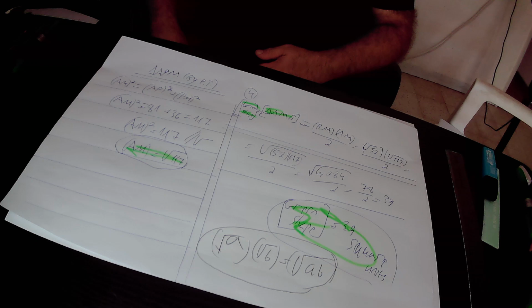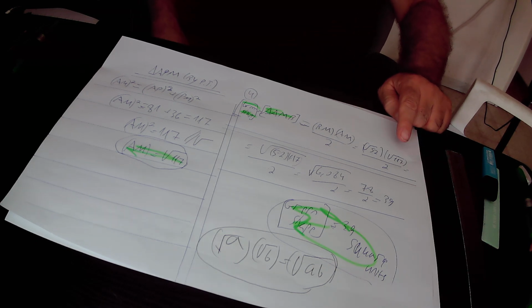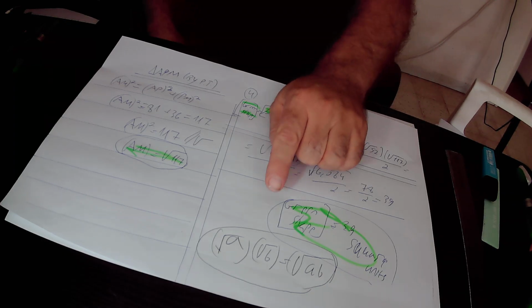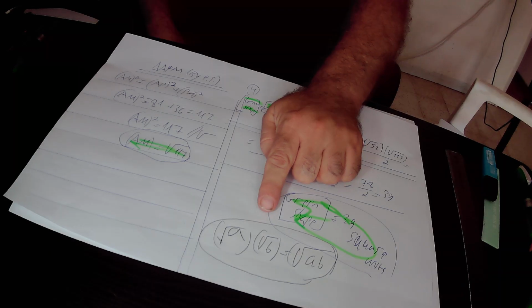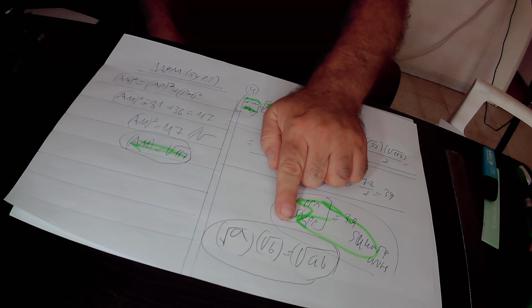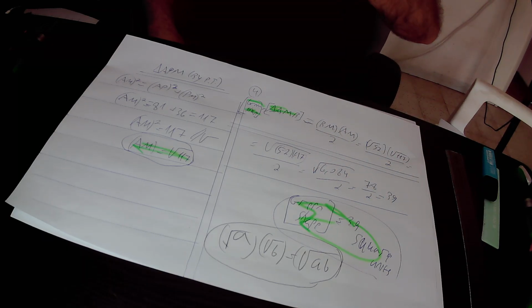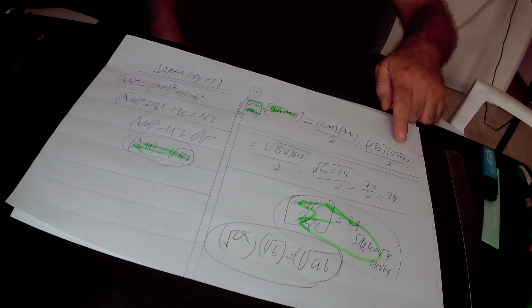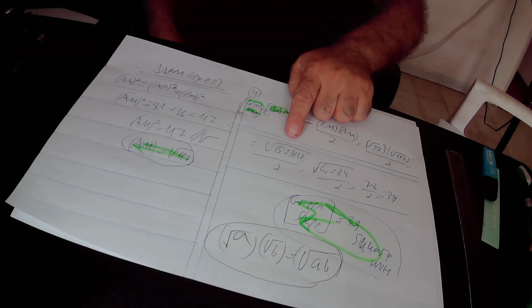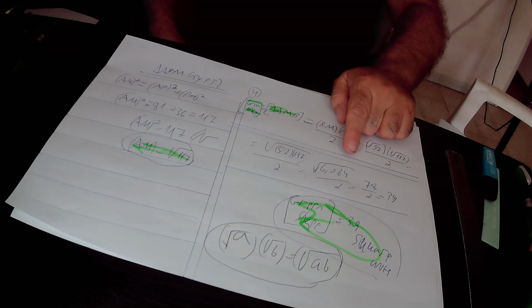So in total, the area of the green shape equals the square root of 52 times the square root of 117 over 2. We have the algebraic identity that the square root of A times the square root of B equals the square root of A times B. So according to this identity, the square root of 52 times the square root of 117 is equal to the square root of 52 times 117, and we have to divide it by 2. 52 times 117 is 6084.